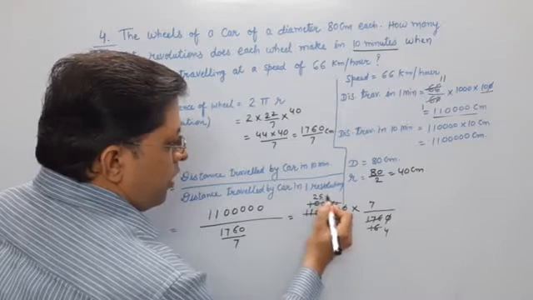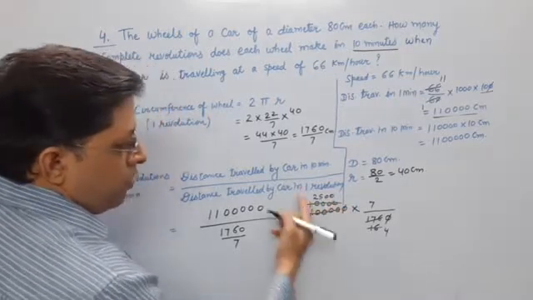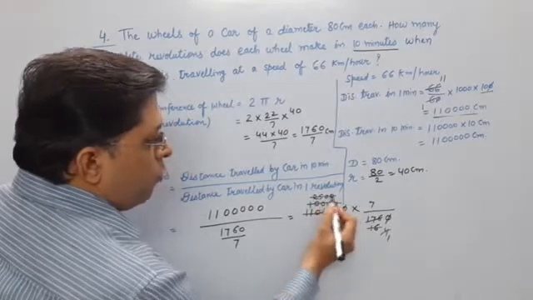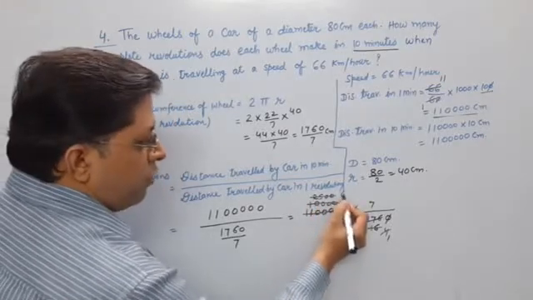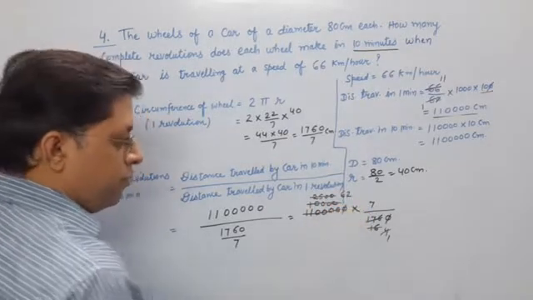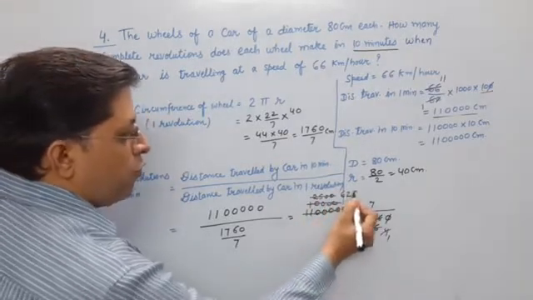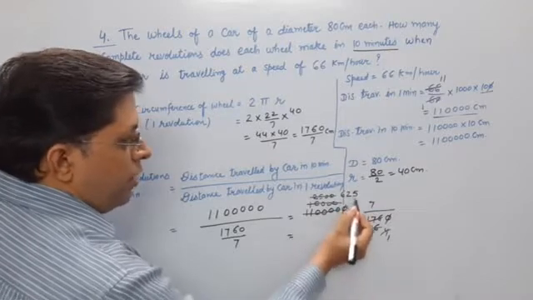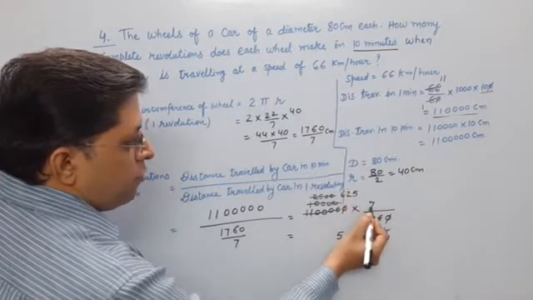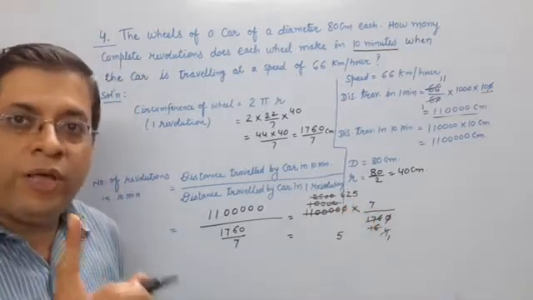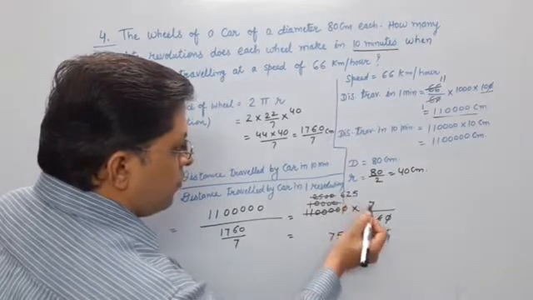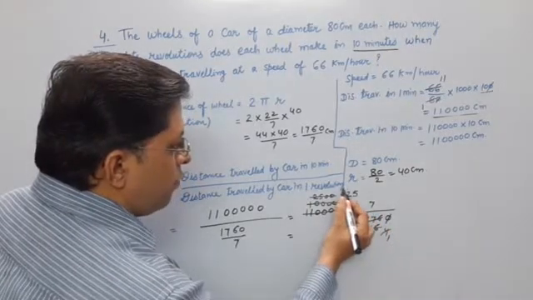Here is 2500. Can I cut by 4? Yes, definitely. 4 4 4 6 are 24. 4 2s are 8. 4 5s are. And multiply it. 7 5s are 35. 7 2s are 14. 14 plus 3 is 17. 17, 7 carry 1. 7 6 are 42 and 1 is 43.